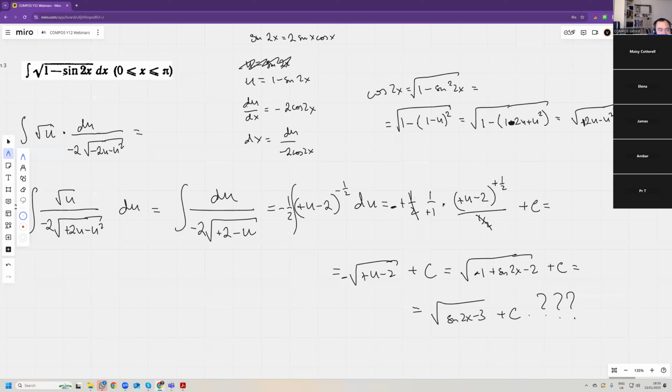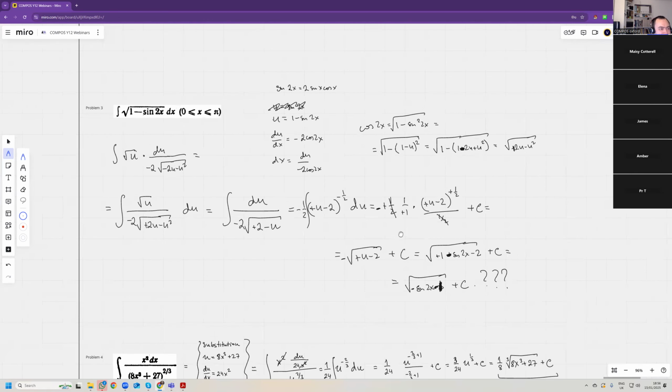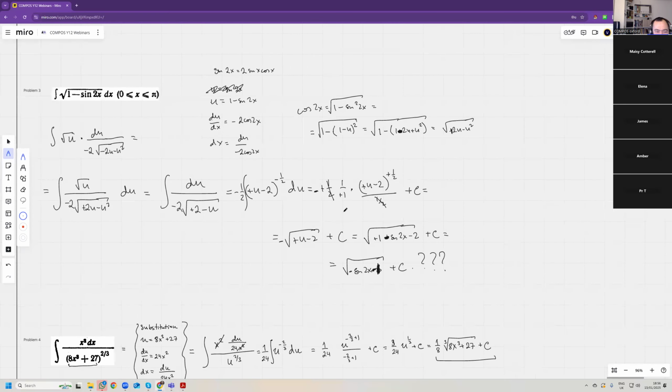And this is u, so plus 1 minus 2. So minus 1 plus c. Better, but still a negative number. So let's see if we can differentiate that.